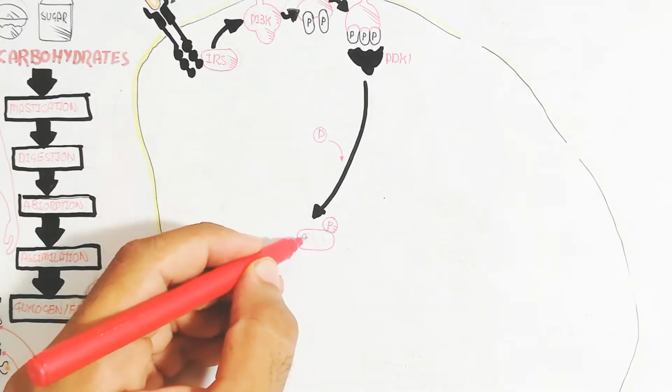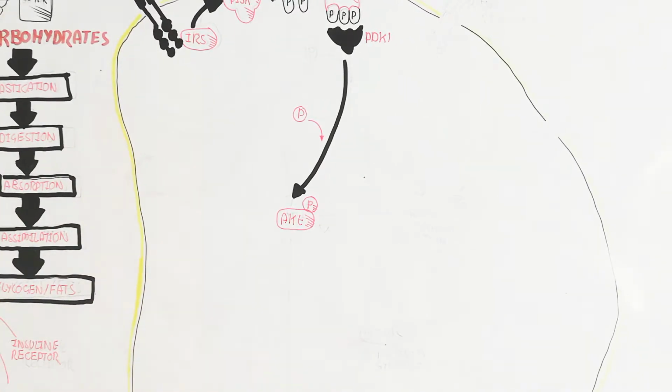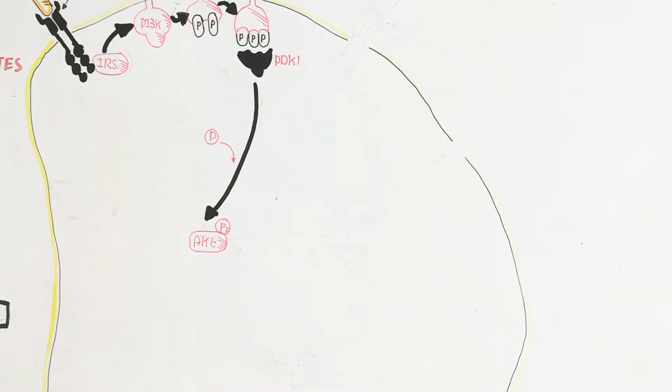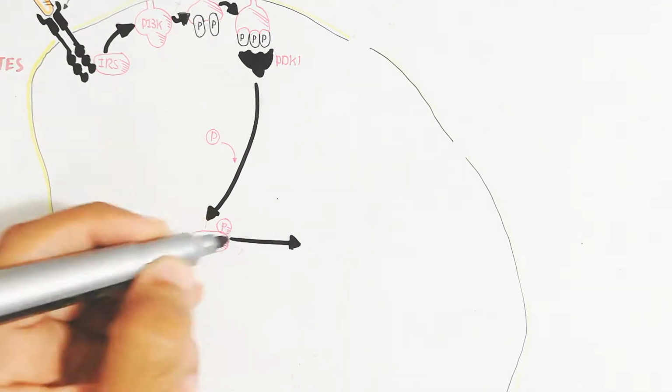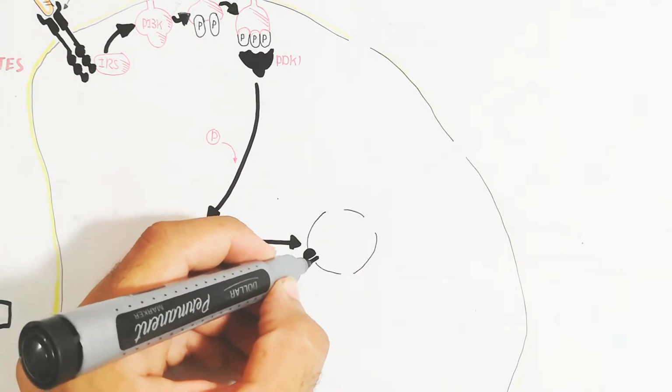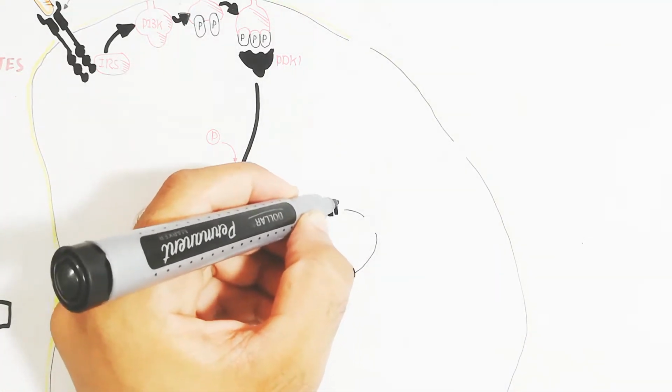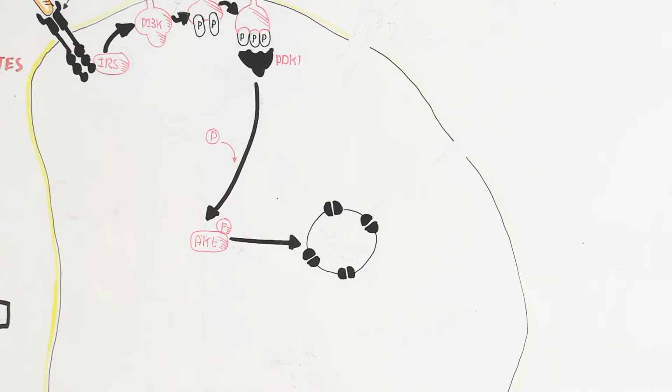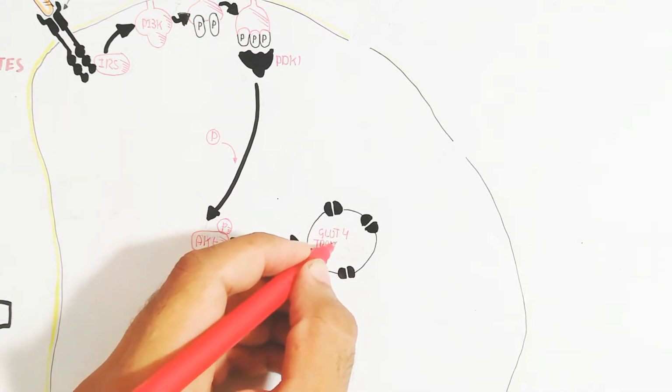So here AKT triggers phosphorylation of the AKT protein, which will lead to GLUT4 transporter translocation. This GLUT4 transporter channel will be bound with the plasma membrane of the cell.